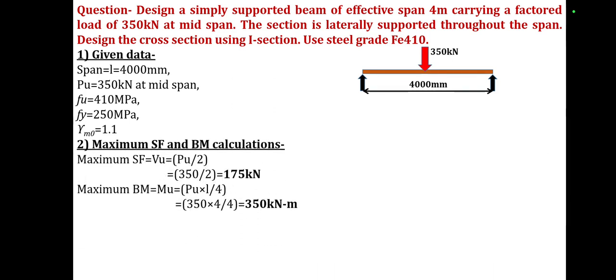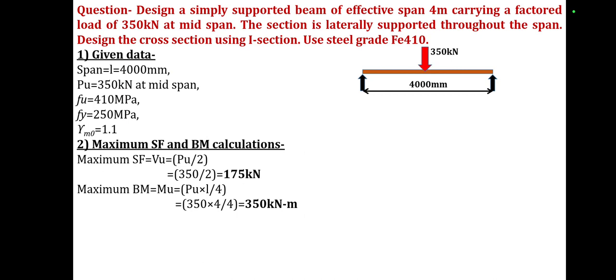So step number 2 is to calculate the maximum shear force and bending moment. We calculate the maximum shear force by the formula Vu equals Pu divided by 2, as it is a simply supported beam carrying the concentrated load at the midpoint.